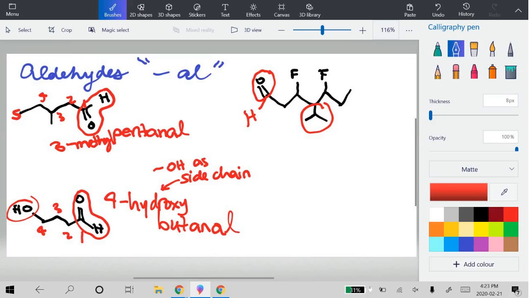Sometimes the textbook doesn't. So I would say number 1, 2, 3, 4, 5, 6, 7 is probably my longest chain because I could go 4 and then 5, 6. That's not long enough, and 5, 6. So it's a heptanal. Actually, no. And a 3, 5 fluoro, and I have to put the di because there's 2 of them.